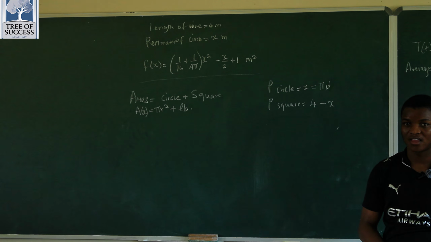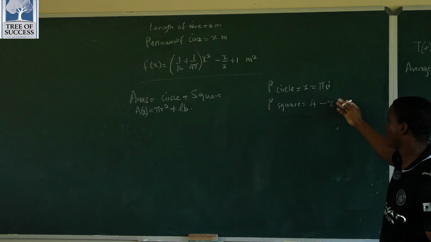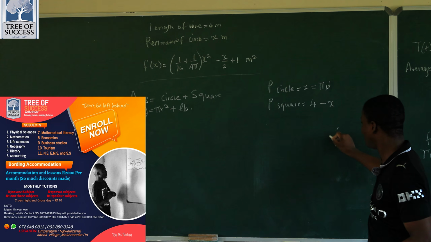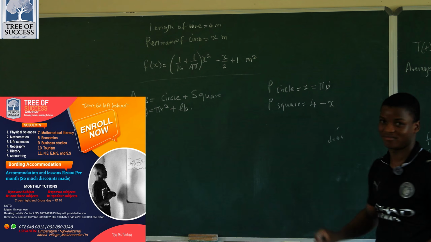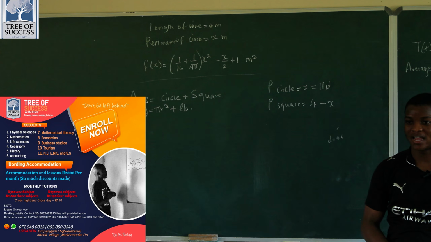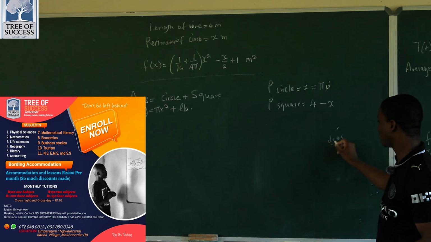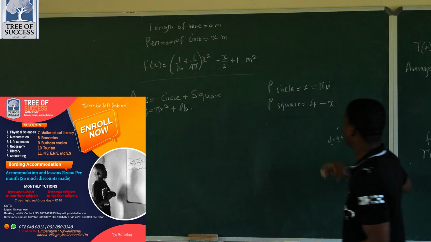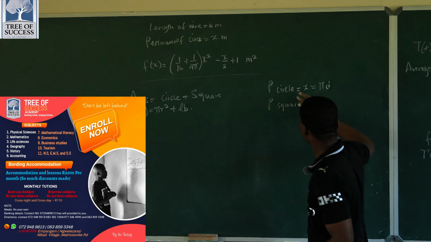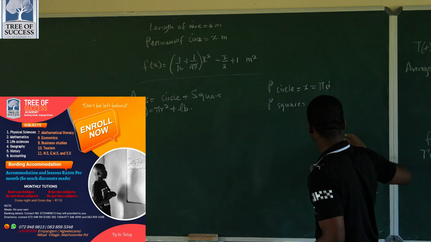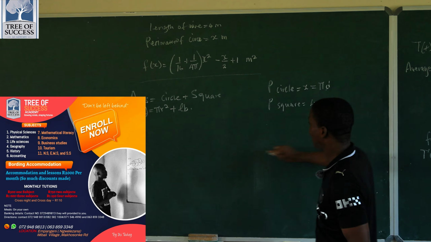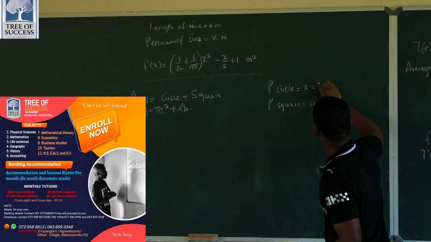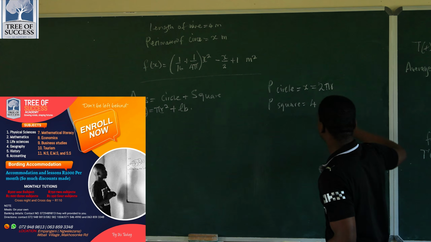Or 2 pi r. 2 pi r and pi d are the same thing, because d equals 2r. The diameter is equal to 2 times the radius, right? So we can write it in terms of 2 pi r because we want r. So x equals 2 pi r.